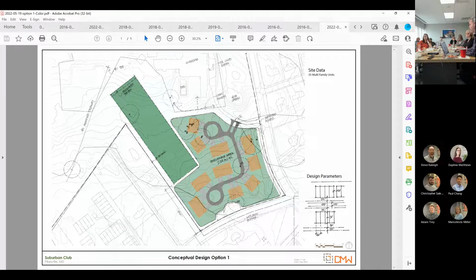Especially since specimen trees these days are scrutinized over protection and can be impacted. We've seen recently a project that got approved with a bunch of specimen trees impacted. When they went before the ALJ, they couldn't get the development plan approved because that variance was denied by the ALJ. So you really have to have good justification.